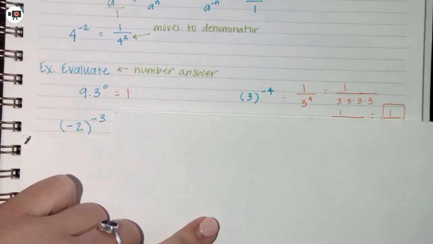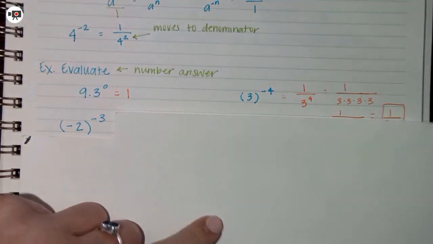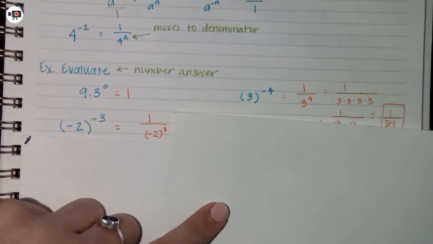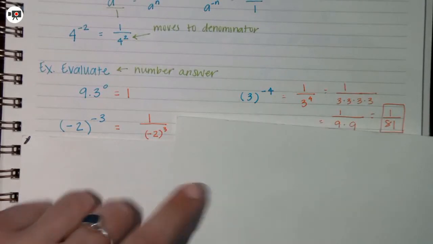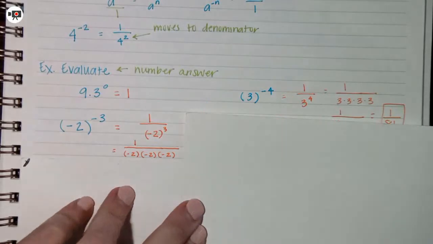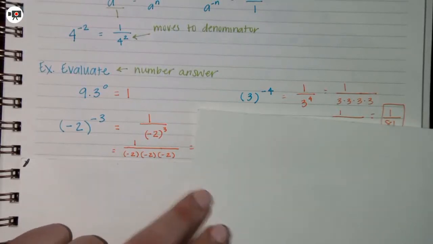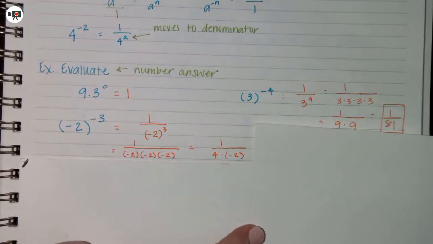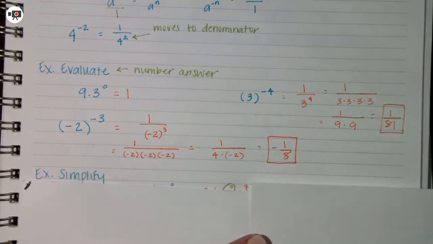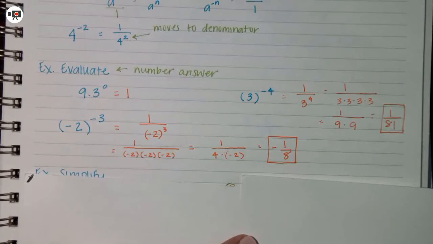If I have negative 2 to the negative 3, that is 1 over negative 2 to the third power. So I have 1 over negative 2 times negative 2 times negative 2, which is 1 over 4 times negative 2, which is negative 1 over 8.